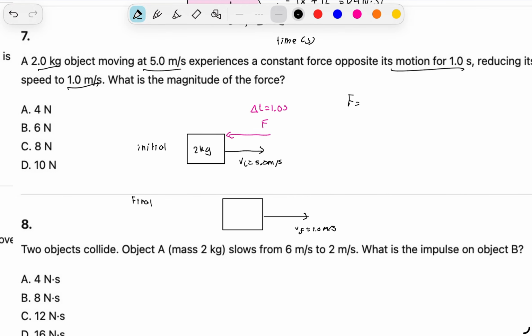Force is equal to mass times delta v over time. So your answer is going to be C.